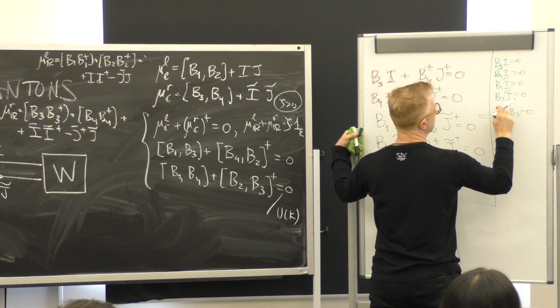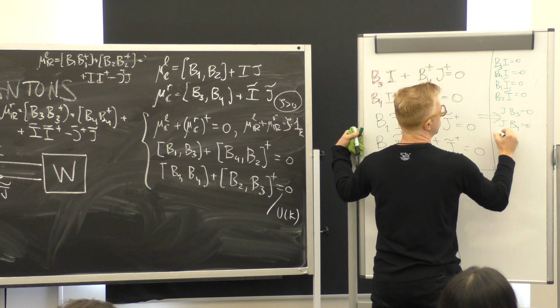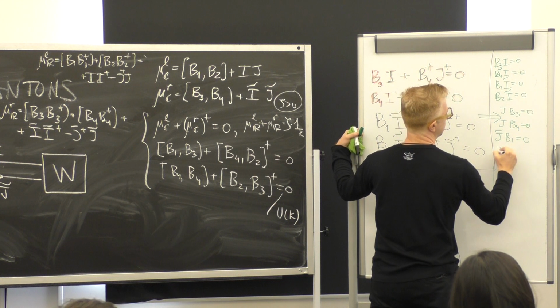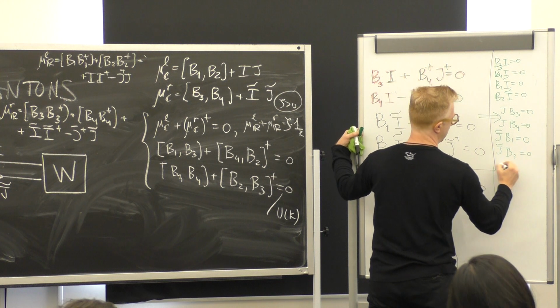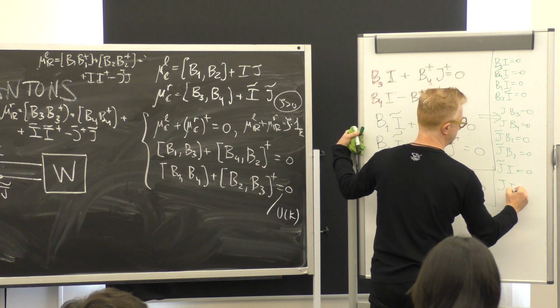So J B3 is equal to 0, J B4 is equal to 0, J tilde B1 is equal to 0, J tilde B2 is equal to 0, J tilde I is equal to 0, J I tilde is equal to 0.